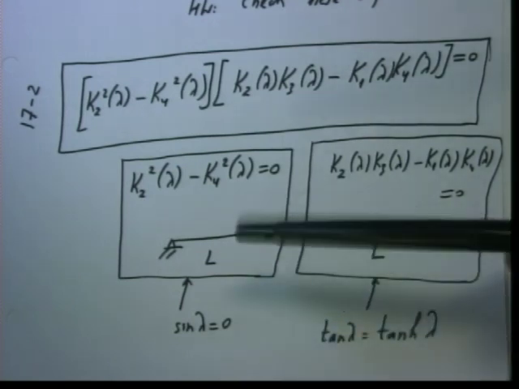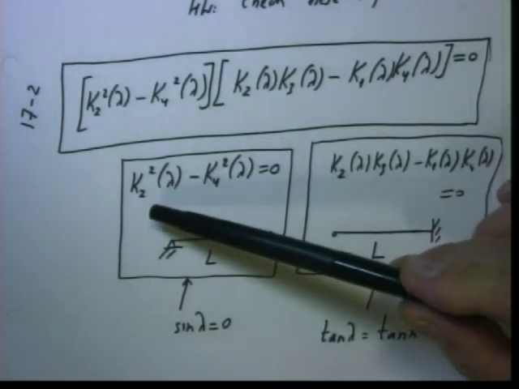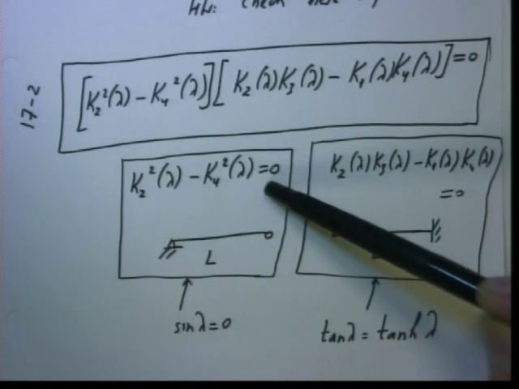Now, an unbelievable thing happens. This expression, K2 square minus K4 square equals 0, please check.